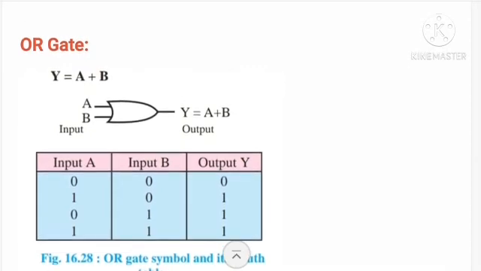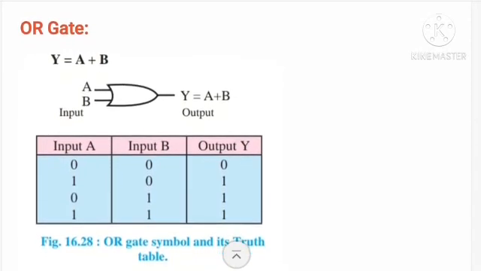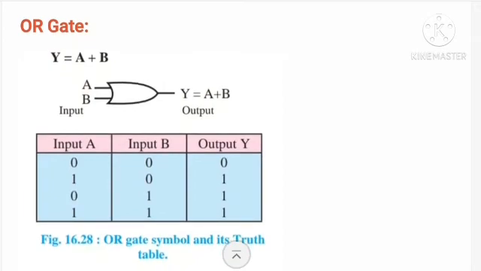So in the OR gate, we must take any of the inputs high so that we will get output high, and if both the inputs are low, that is input A and input B are 0 or low, then we will get output also equal to 0. So this is our OR gate.